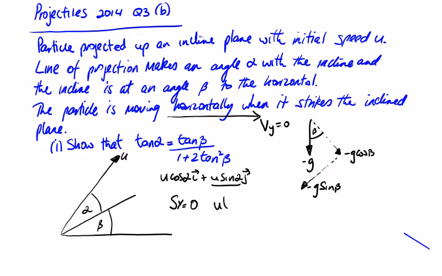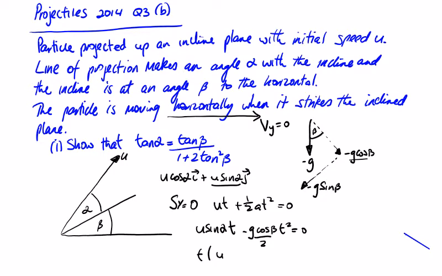So ut plus a half at squared is equal to 0. So u sine alpha times t. My acceleration in the j direction is minus g cos beta, so minus g cos beta over 2 times t squared is equal to 0.